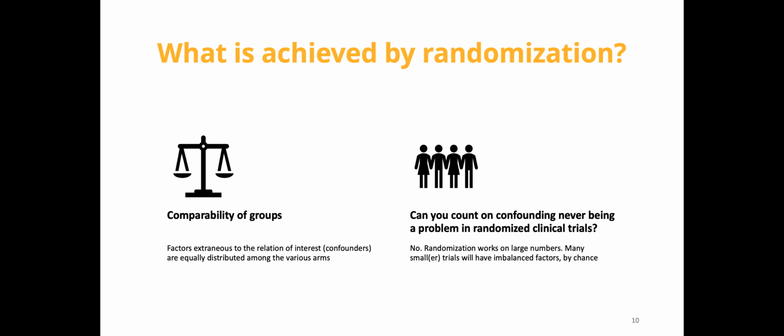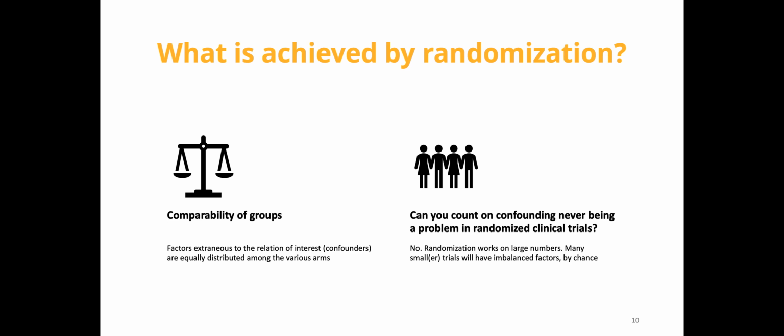So for example, if one of our outcomes is occurrence of cardiovascular disease or the occurrence of a stroke, then we want to make sure that the average age between the intervention and control group is the same, since age is a risk factor for the occurrence of a stroke.